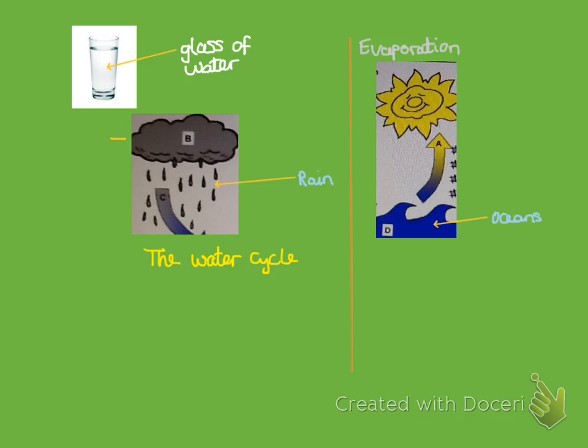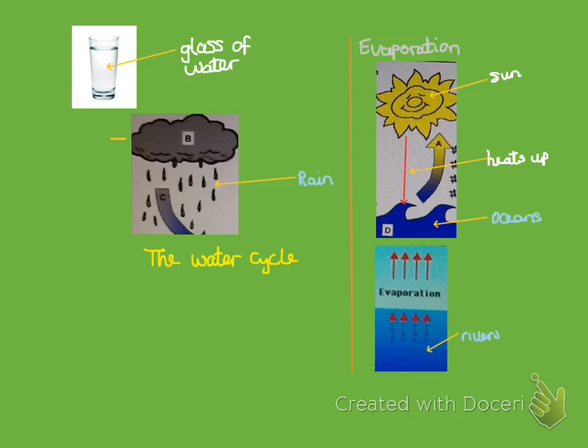Evaporation is when the sun heats up water in rivers, lakes, or oceans and turns it into vapor or steam. The water vapor or steam leaves rivers, lakes, or oceans and goes into the air.